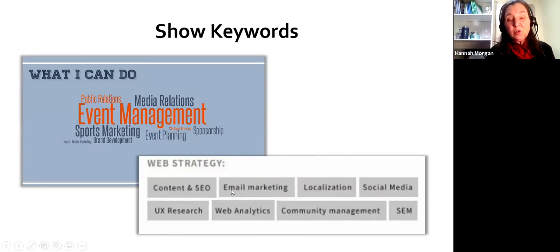And so this web strategy block shows all the different skill sets or work-related processes or procedures related to web strategy. That's something that you can easily create in PowerPoint. So I will say, and we'll talk more about this, you could easily create an infographic resume in PowerPoint because it has some really cool charts and graphs and word art that allows you to create some of these things.